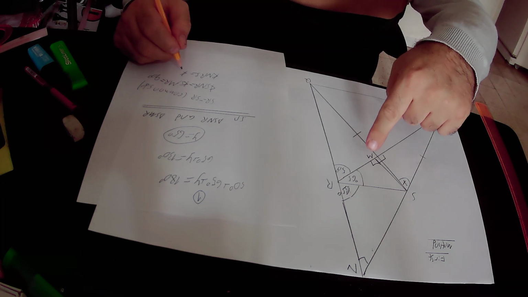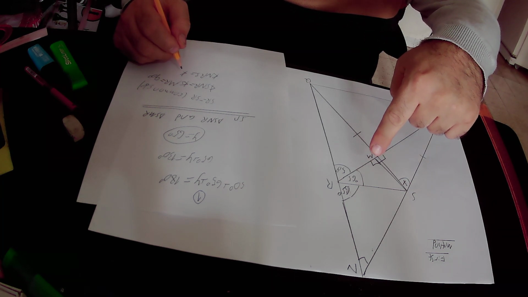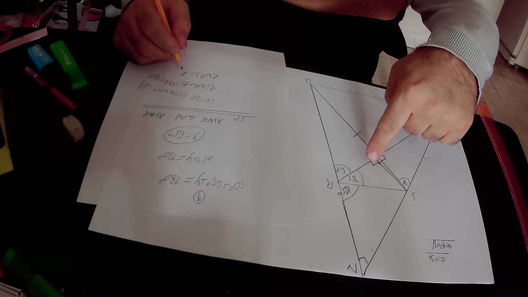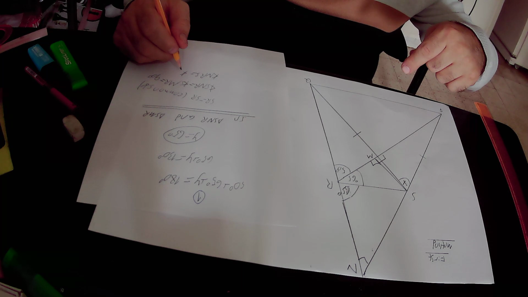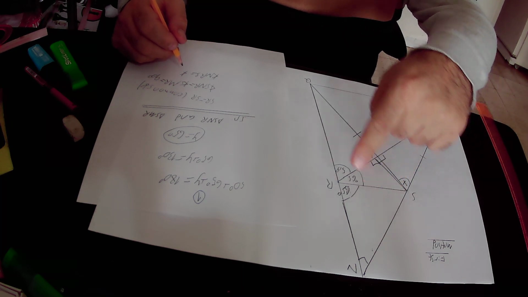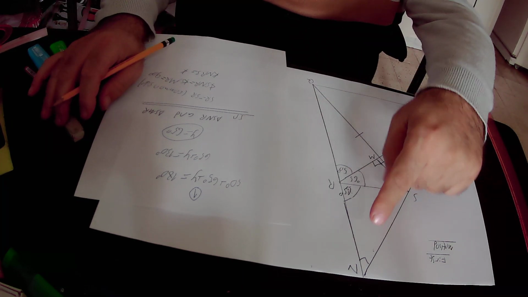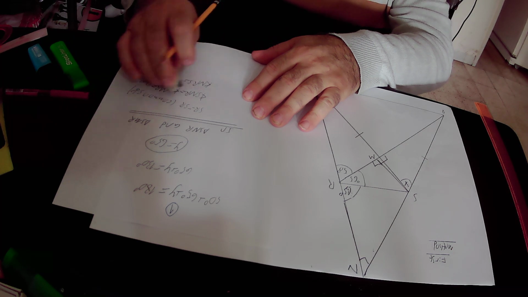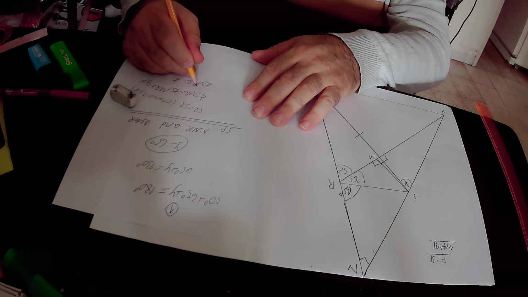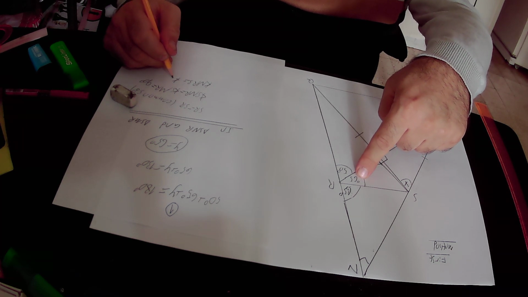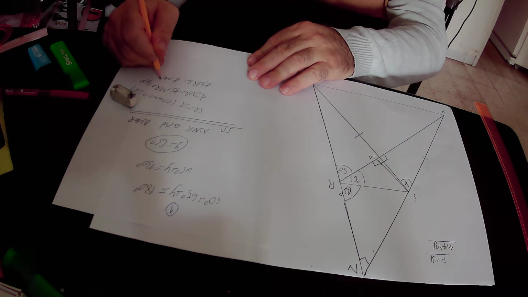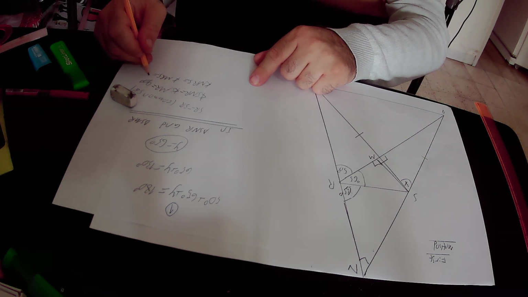Again, angle NRS, this angle, equals angle MRS, this angle, and both angles are equal to 65 degrees.